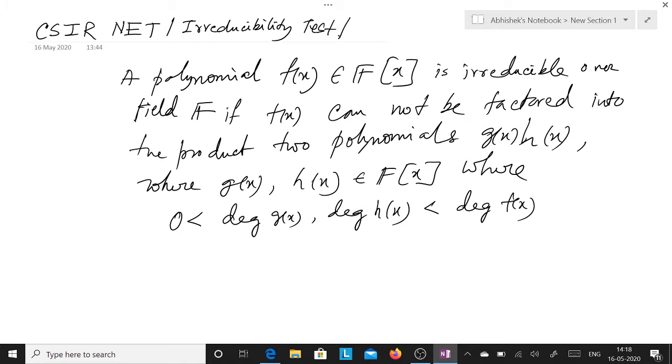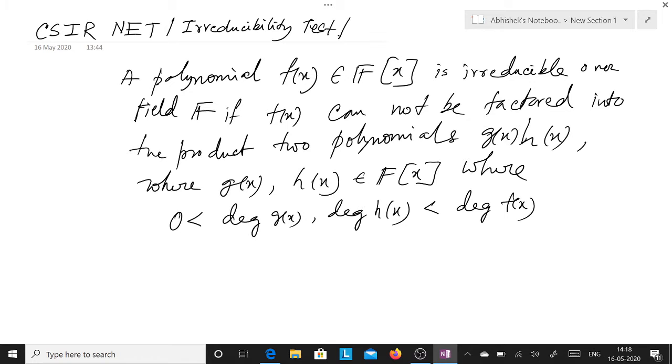Now it should be noted that the definition we have considered concerns the concept of irreducibility over a field F, not just the concept of irreducibility itself.